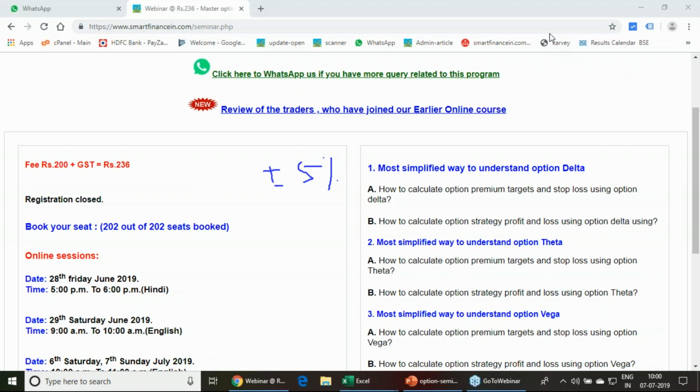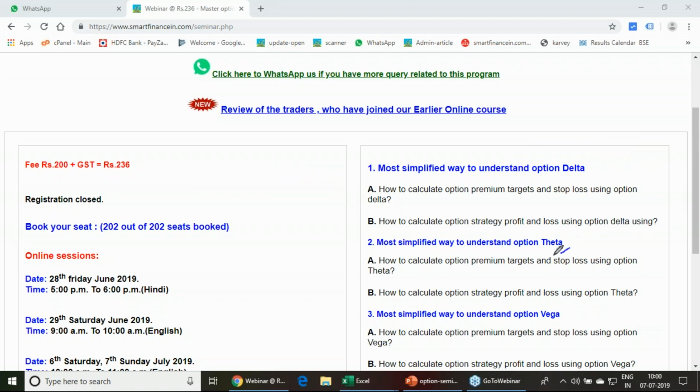Delta neutral means the strategy should have a minimum 3% delta and maximum 30% delta. So this 3 to 30% delta range you must have. That is delta neutral. Likewise, one strategy has been given to you in your forum, TCS.